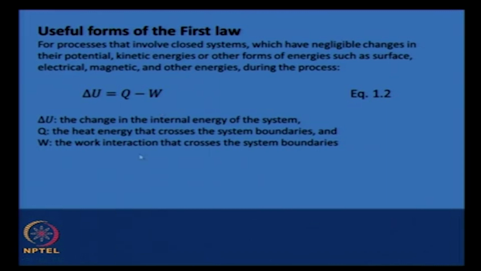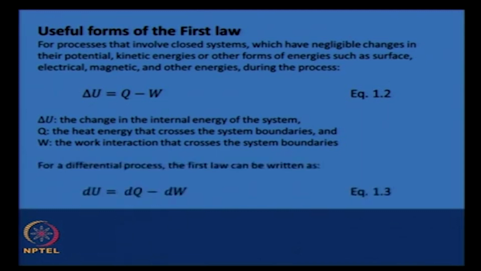This delta U is the change that occurs inside the system. Q and W are the energy interactions across the system boundaries. What happens inside is being related to what crosses the system boundaries. For a differential process, we can write the first law as dU equals dQ minus dW, where these d's represent the differentials.